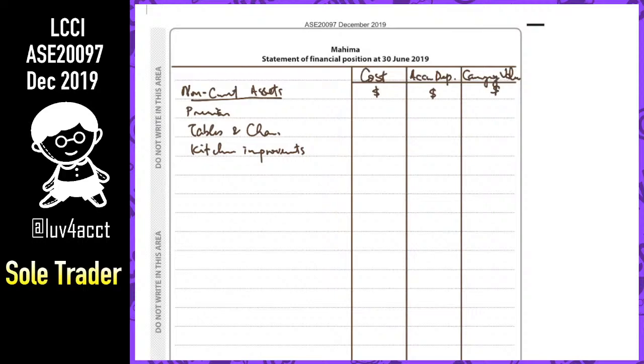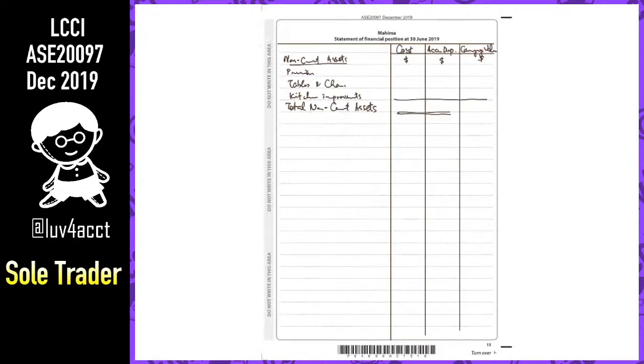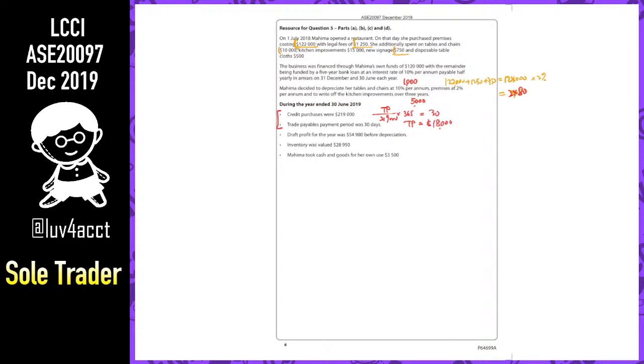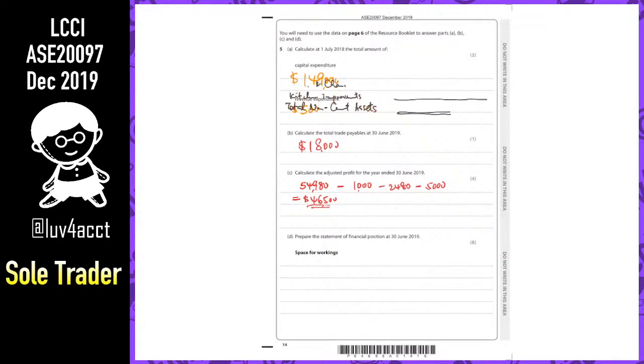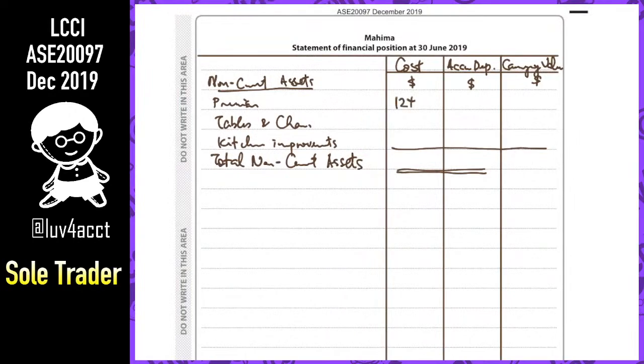And then we have total non-current assets. Premises: just now we calculated the total premises to be 124,000, with 2480 as the depreciation. Tables and chairs is 10,000, is it?